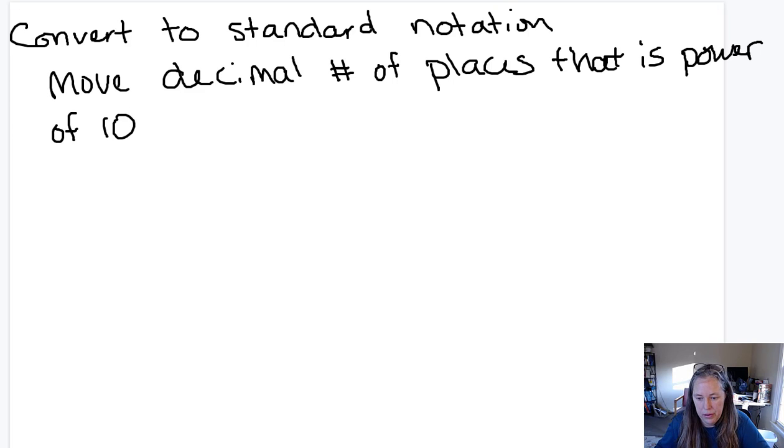So for example, if we have 4.287 times 10 to the 8, that means we're going to move this decimal 8 places.